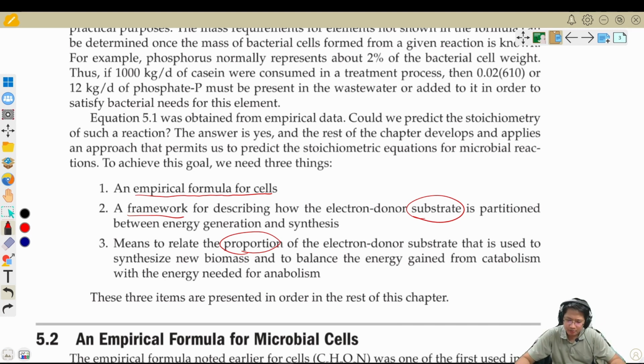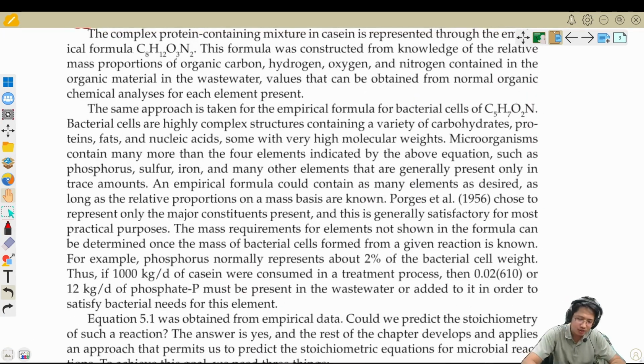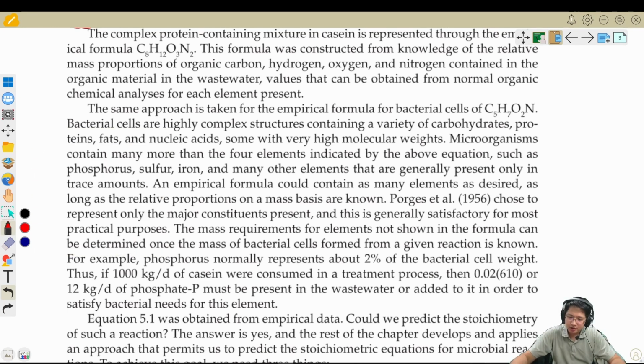So about the empirical formula for microbial cells, we can move a little bit forward here. Here is a very general formula that's used to describe the bacterial cells, we call it C5H7O2N.